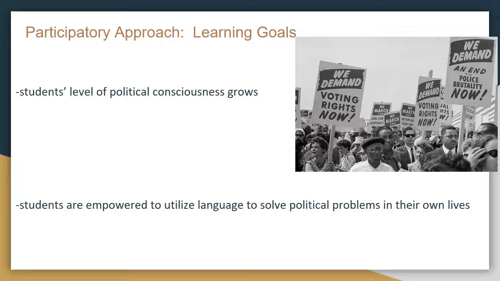So it could be problems in their work, or problems in their neighborhood, or problems in their students' schools, or problems as a whole and throughout the community. And then students, since they are now able to communicate effectively in that language, especially in the context of these issues, have more political power and have more political say.